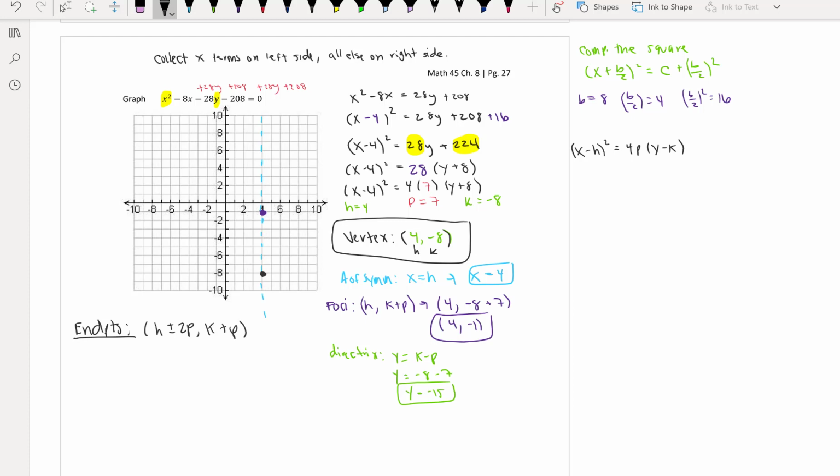Make sure you write it down correctly. If you don't write it down correctly, it gets messed up. So I'm just going to rewrite it, k plus p. There we go. So now I'm just going to plug in my values. So I have my h value, which is 4. And I have my p value, which is 7.